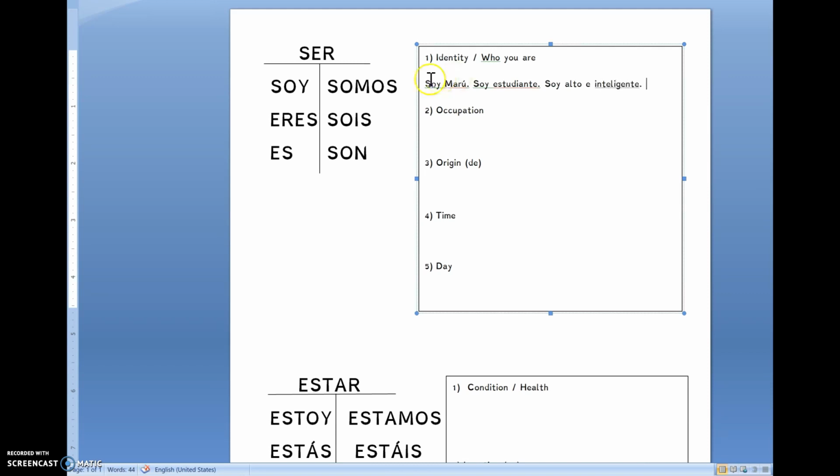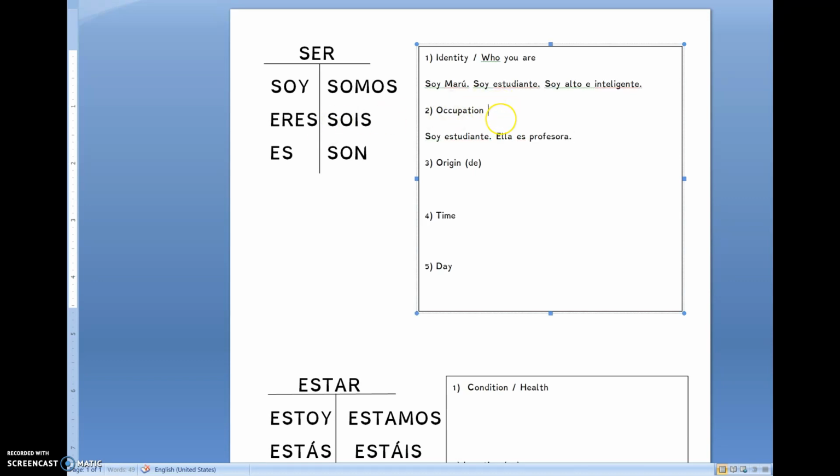Okay. So make sure you write down these sentences under each of them. The next one is occupation. Soy estudiante. I am a student. That is your occupation. That's your job. Ella es profesora. She is a teacher.